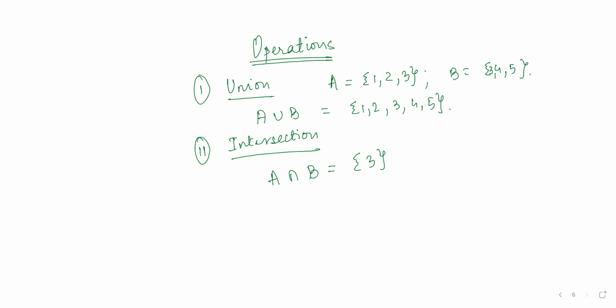So A and B have one element in common, that is the number 3. यूनियन का मतलब है कंबाइनिंग एलिमेंट्स फ्रॉम टू और मोर सेट्स. इंटरसेक्शन का मतलब है फाइंडिंग एलिमेंट्स कॉमन टू टू और मोर सेट्स.